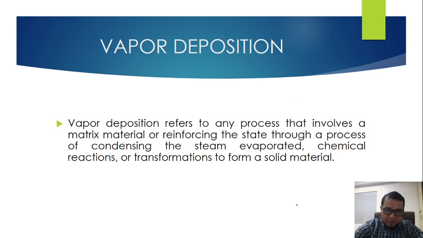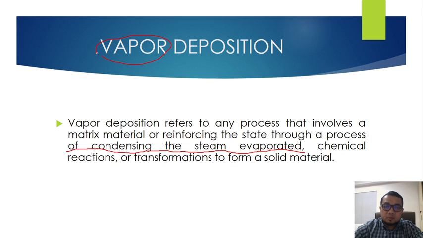Then next is vapor deposition. Vapor deposition refers to any process that involves a matrix material or reinforcing material in the vapor state, through a process of condensing the steam, evaporation, chemical reaction or transformation to form a solid material. This is the main point that you must know for vapor deposition.